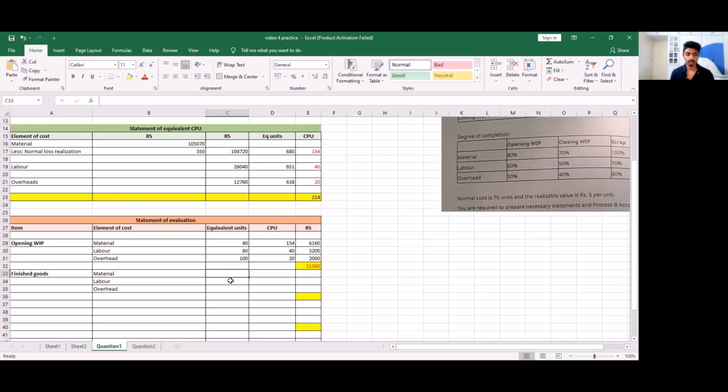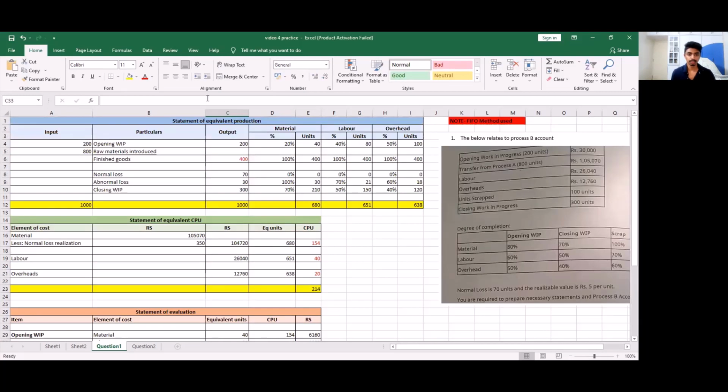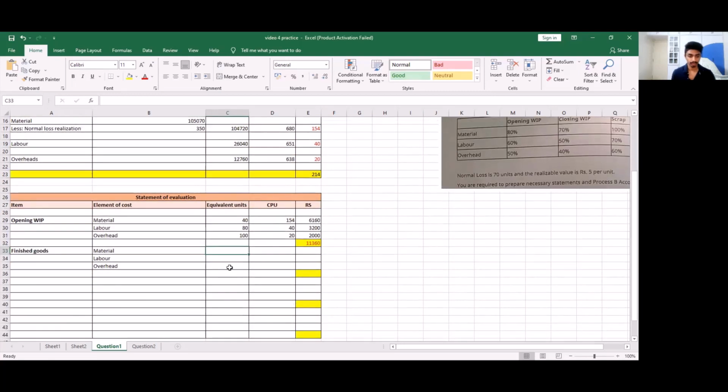We again go on to find the equivalent units from our statement of equivalent production. So for finished goods, under material, our units finished goods are 400, and so is the case for labor and overheads. So in all three, I can just write 400 as units. So this is going to be 400, 400, and 400.